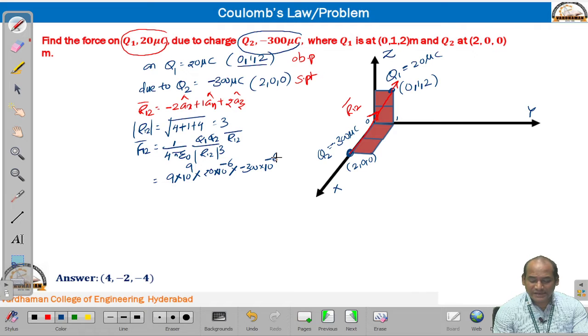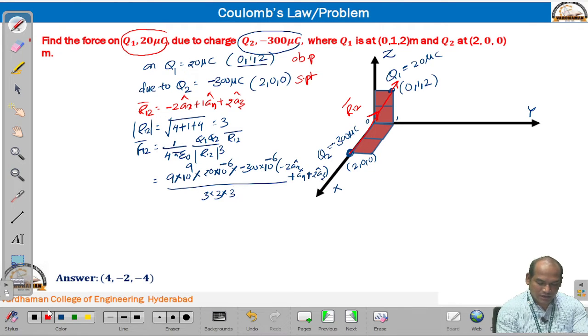In the numerator R12 bar is there, that is minus 2 Ax cap plus Ay cap plus 2 Az cap, divided by magnitude of R12 cube. The magnitude of R12 is 3, so that is 3 into 3 into 3. Now, 3 3s are 9, which is cancelled by the numerator 9, and 3 into 100 is 300, so here we will get 100.